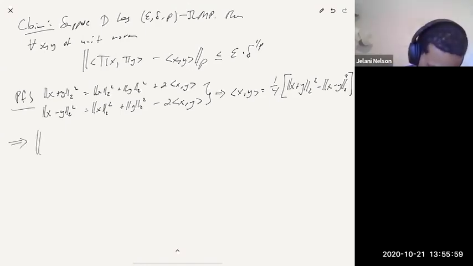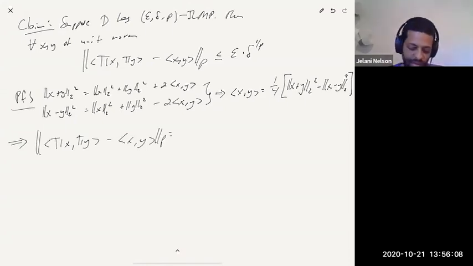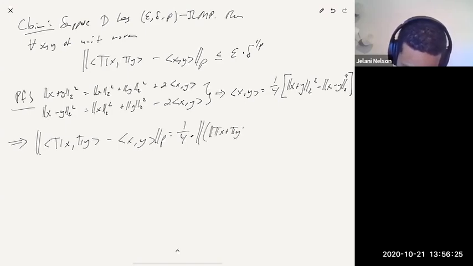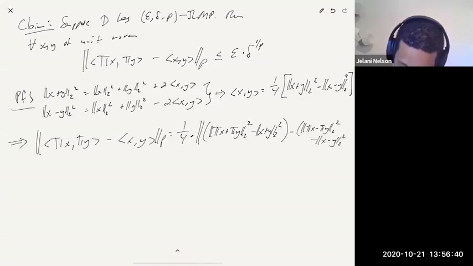This implies that the p norm of pi x dot pi y minus x dot y is equal to 1/4 times the p norm of pi x plus pi y L2 norm squared minus x plus y L2 norm squared, minus pi x minus pi y L2 norm squared minus x minus y L2 norm squared.